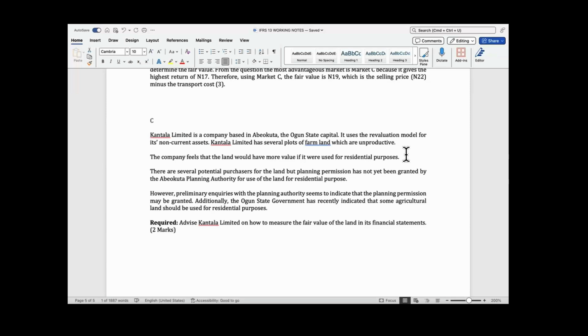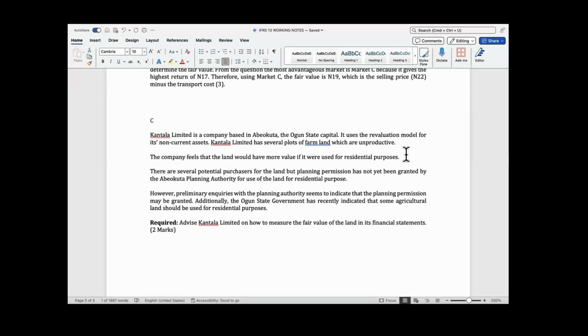There are several potential buyers for the land, but planning permission has not yet been granted by the Abeokuta Planning Authority for the use of the land for residential purpose. However, preliminary inquiries with the planning authority seem to indicate that the planning permission may be granted. Additionally, the Ogun State government has recently indicated that some agricultural land should be used for residential purposes. Required: advise Kantala Limited on how to measure the fair value of the land in its financial statements.